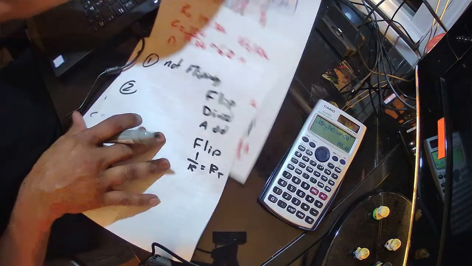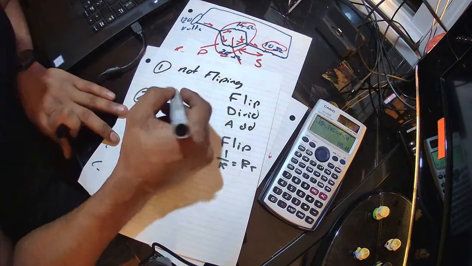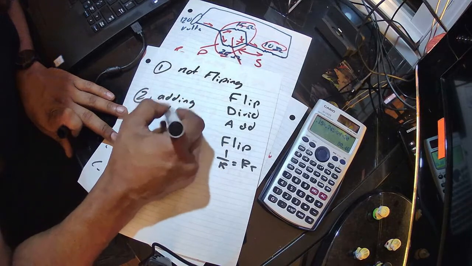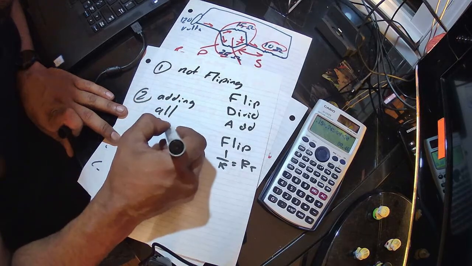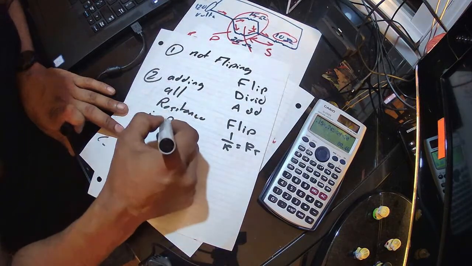People see the circuit has a parallel circuit in it, and what they do is add all resistances in parallel.